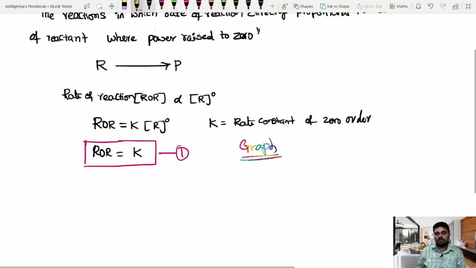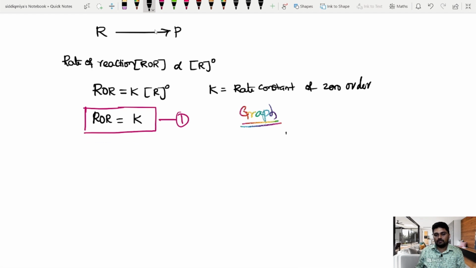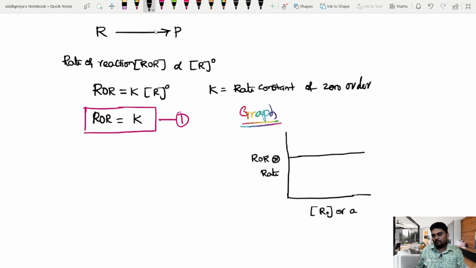So rate of reaction is not going to depend on the concentration of reactant. Let us say on the y-axis we are taking rate of reaction. They may give rate of reaction or rate, both are the same. On the x-axis you can take the concentration R naught, or the concentration of reactant, anything they may give.